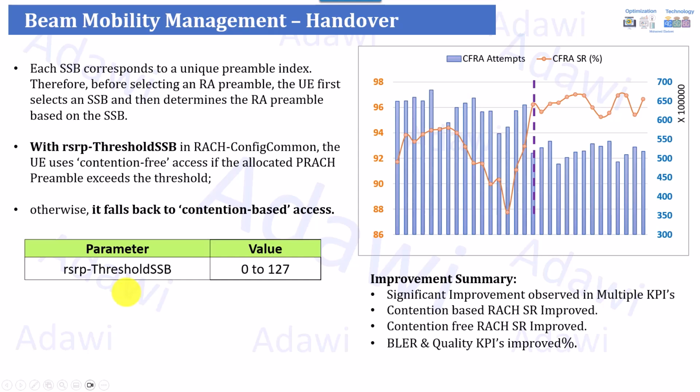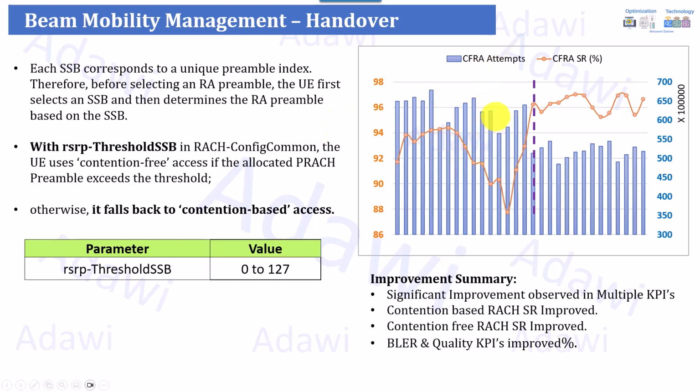So for example, here we tuned it, we reduced the value. For example, let's assume it was 120, we made it 110. So we reduce the probability of getting contention-free random access, because now it's more difficult. You need the beams to be better than 110 instead of 120 for the user to be able to initiate contention-free random access procedures.